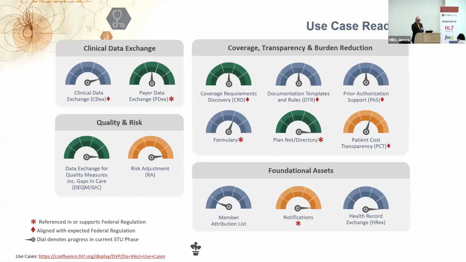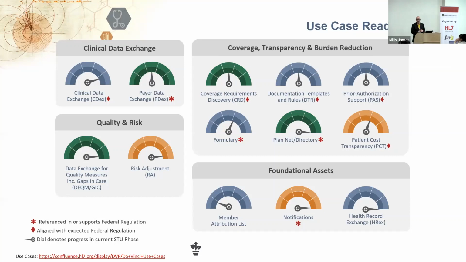These are a number of IGs. We have about 13 or 14 of them, ranging from clinical data exchange between payers, providers, and providers. Quality FHIR IGs that are being looked at by CMS and NCQA and others, and a number around burden reduction and prior authorization that I give a talk about on Thursday. A number that are actually in production now based on the patient access API final rule that came into effect in July of last year.